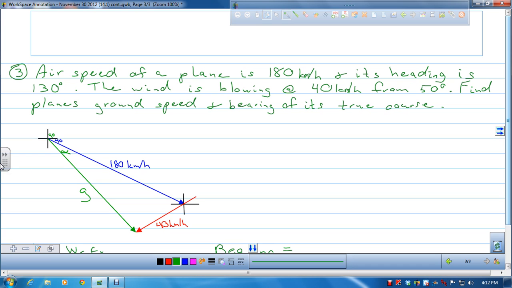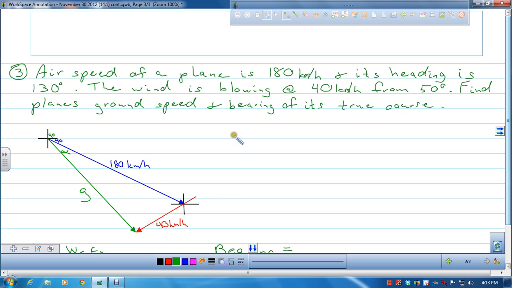I'm just using alpha. So first things first, I'm going to go ahead and try to find the ground speed, because if this was the air speed against the wind speed, this would let me know what my ground speed is. And it should be less than the airspeed because, as you can tell, this wind was hurting. It's kind of blowing against the direction I was heading.